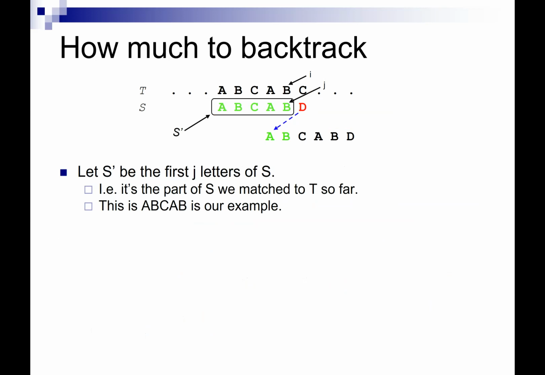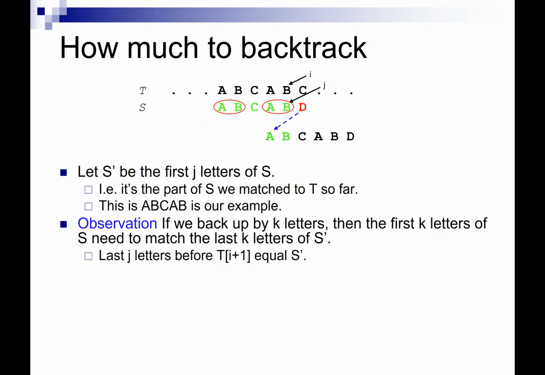Suppose that we've already matched J letters of S to J letters of T. In this case, J equals 5. Let S prime be the first J letters of S, so that's the portion that you matched.